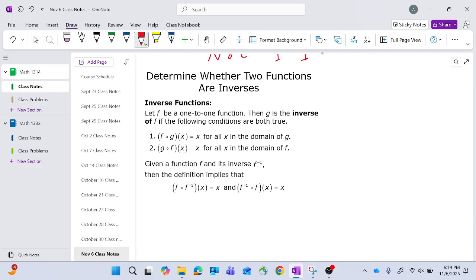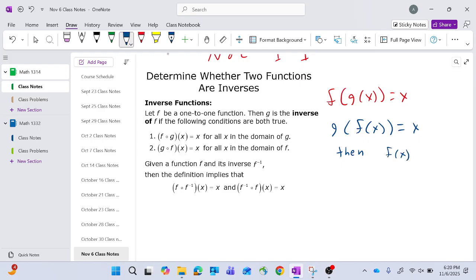But you can copy it if you want to, but essentially what it's saying is that if f of g of x equals x and also g of f of x equals x, if these both are true, then f of x and g of x are inverses. That's essentially what it's saying.